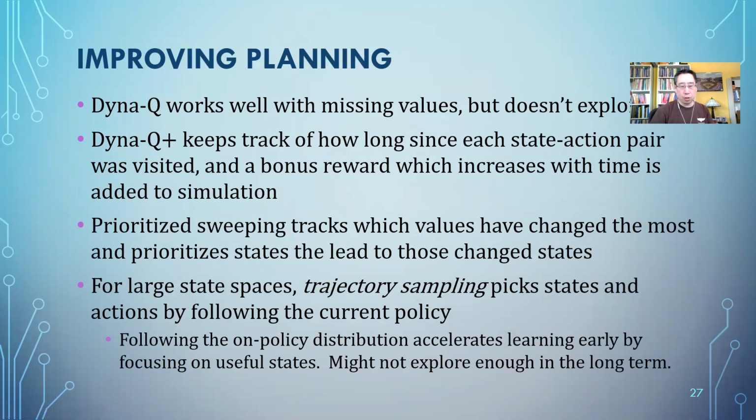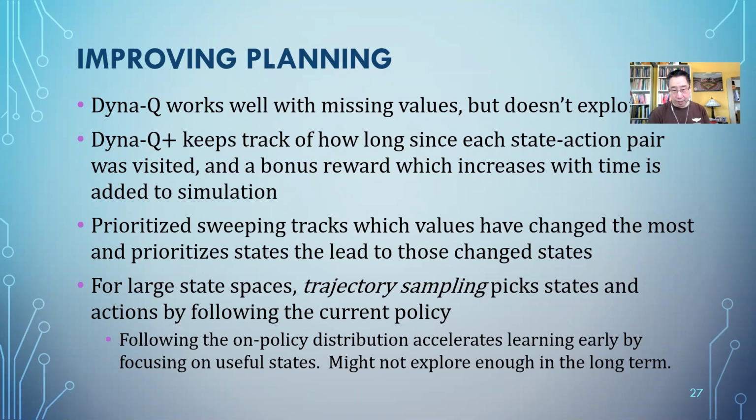Another thing that we can do, especially for large state spaces, is this thing called trajectory sampling. And the idea here is that you are picking the states to update in a distribution that basically matches the current policy that you're on.